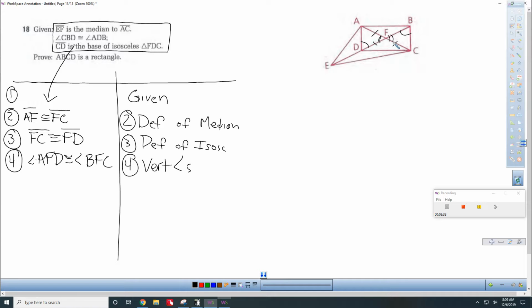And now I think we've got, check me out here, angle, angle, side, angle, angle, side. So now, yep, I can do it with my new theorem. I can prove that triangle AFD is congruent to triangle, let me get this right, CFB by AAS.